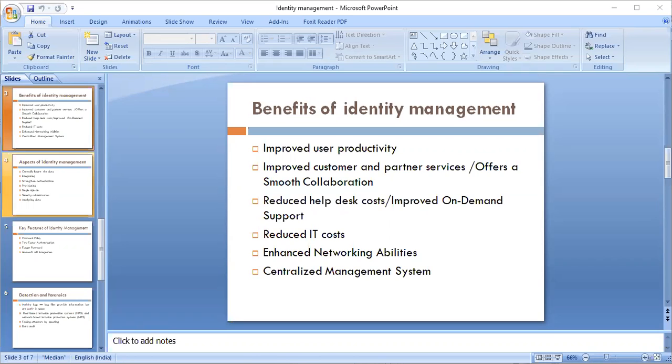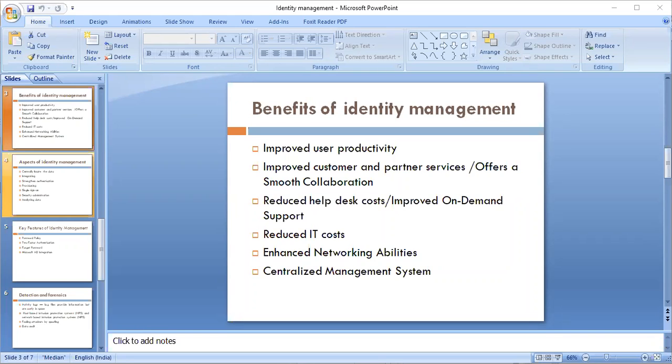Moreover, we can also restrict unauthorized access by using identity management. No person who is not allowed to get into that group can be a part of that particular group and have access to the resources or the information held for that group.